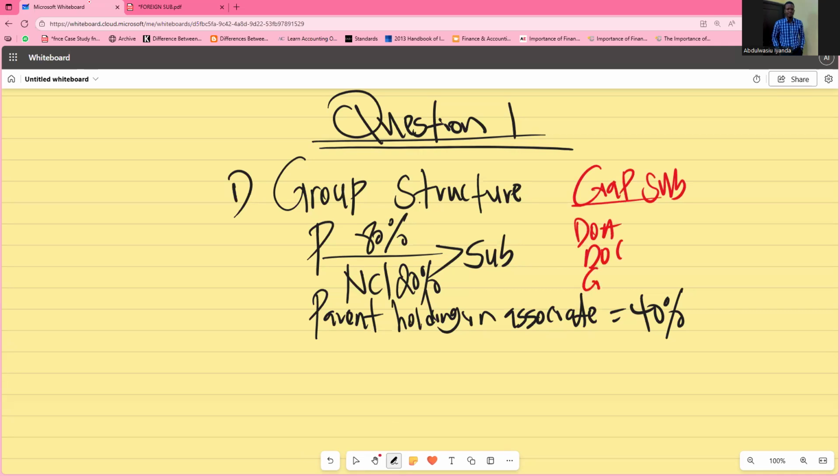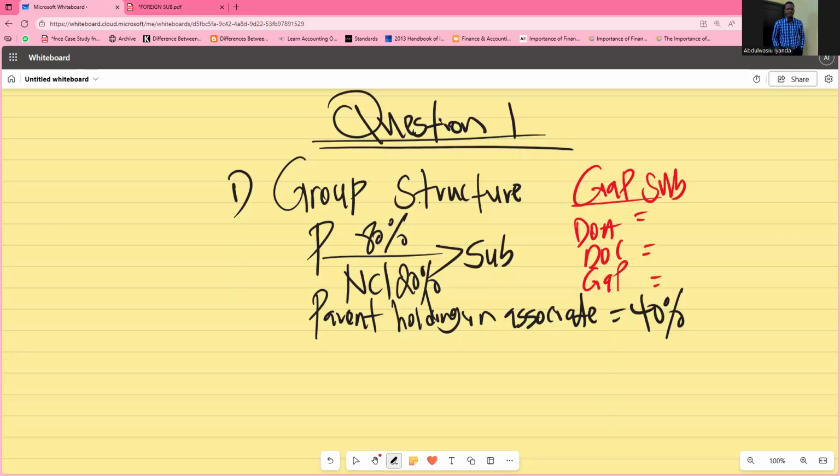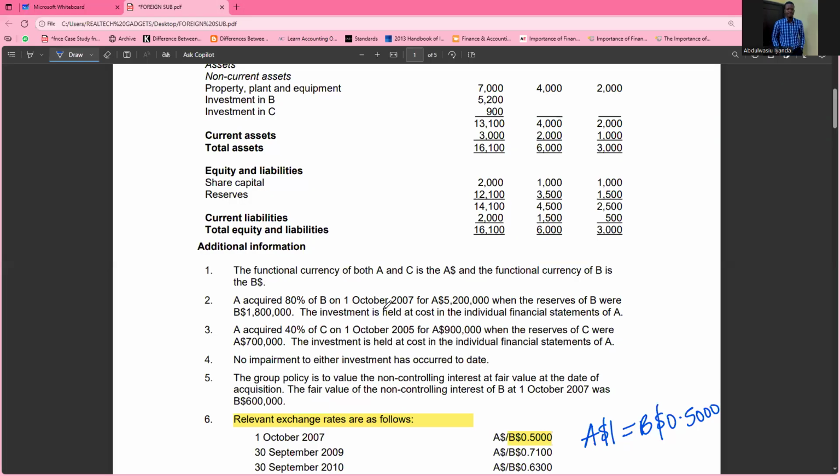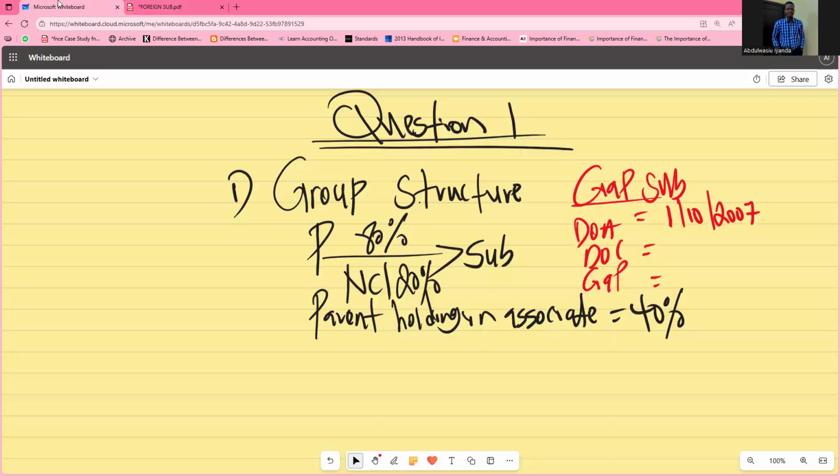You go back to the question: when do you acquire? We are told that you acquired on 1st of October 2000 and 7, that is the independence day in my country, Nigeria. And we are preparing the account on 30th of September 2010.